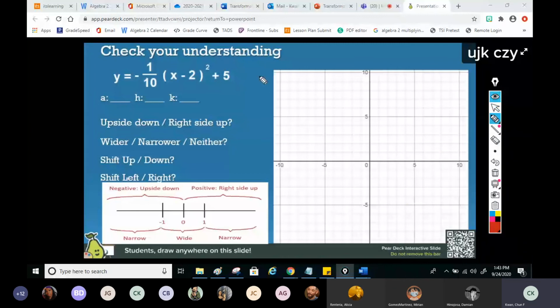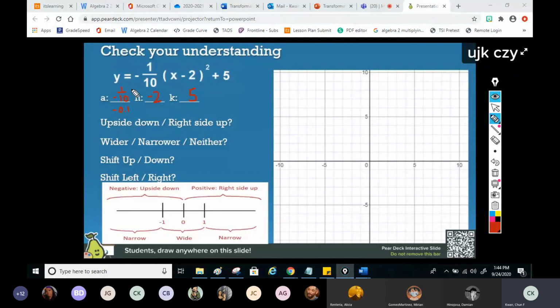Let's finish this. So right here, the A is negative 110. I see a couple of you guys make it into negative 0.1. That's fine. It's up to you. And then the H, minus 2. The K is positive 5.